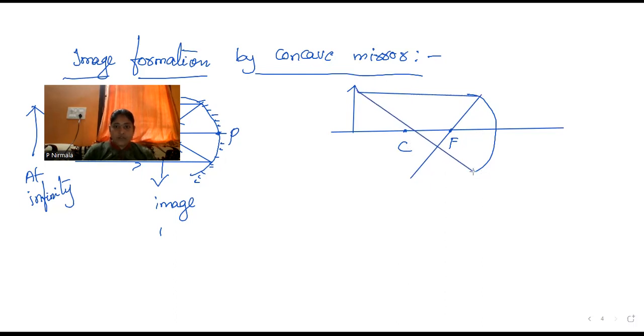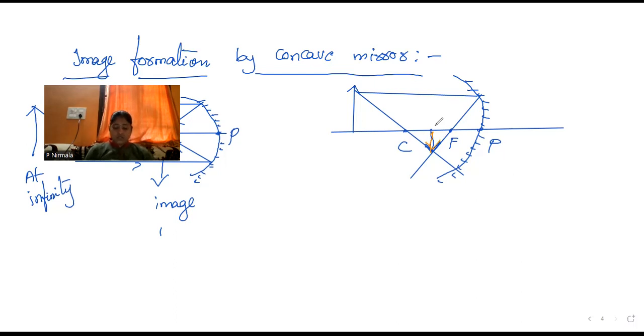It is real and inverted, and also diminished.